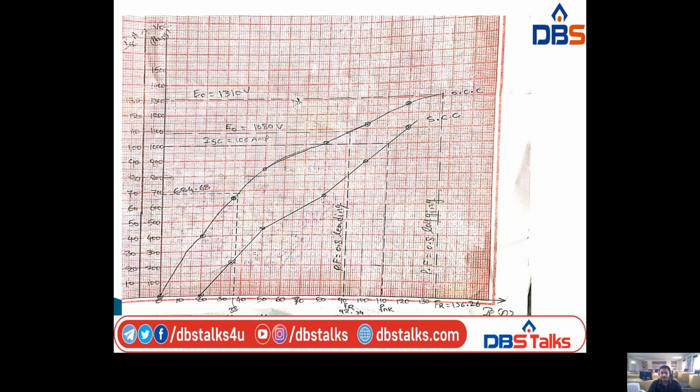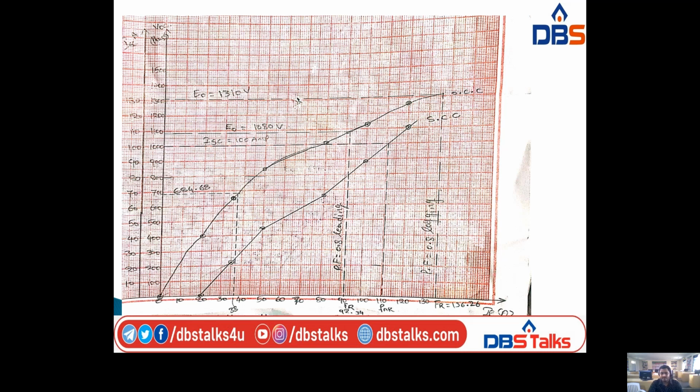After marking the scale on the graph paper, by using the data we have to draw the OCC and SCC curves. Firstly I will draw the OCC curve between open circuit voltage and field current, using the table.